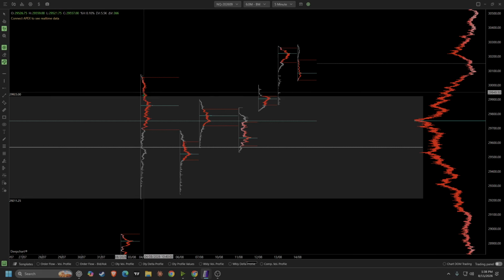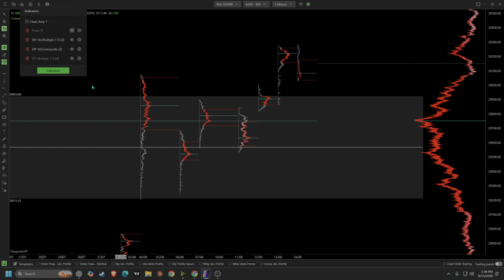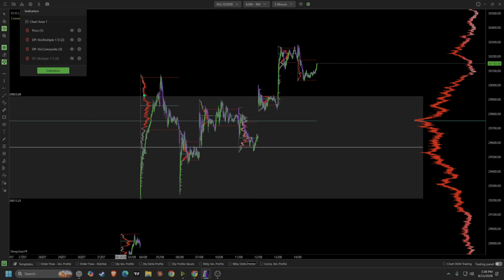And what we can see is we had a down day, then we made some progress and came back and tapped into the value area high of the previous day. It might look a little bit easier if I put the candles on here too.